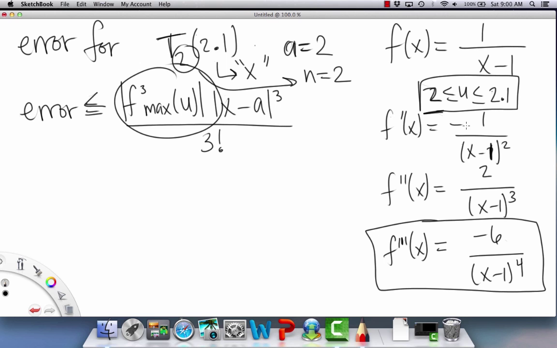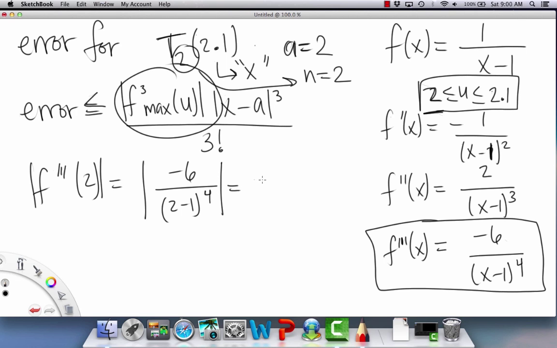We're just concerned with the biggest value, biggest magnitude that we can attain. So I like trying the endpoints. So let's see what f triple prime of 2 would be. And this is absolute value, right? So absolute value of that would be negative 6 over 2 minus 1 to the fourth. And this would actually come out to just positive 6, right? Okay, now let's try 2.1.